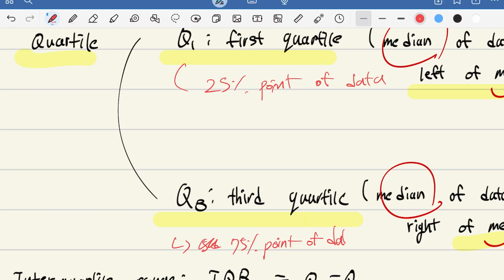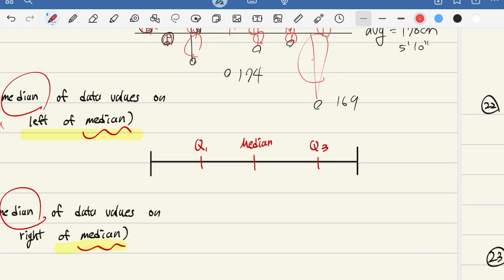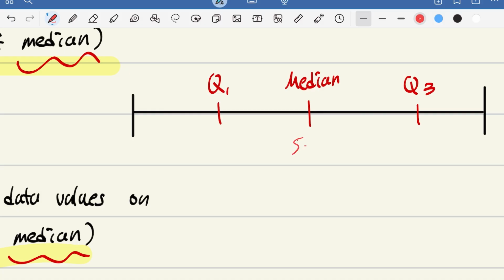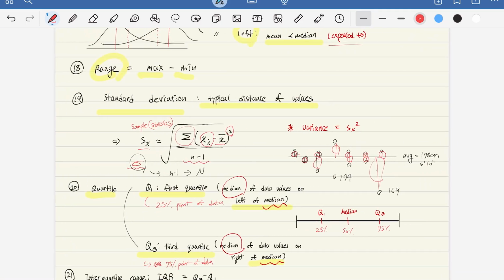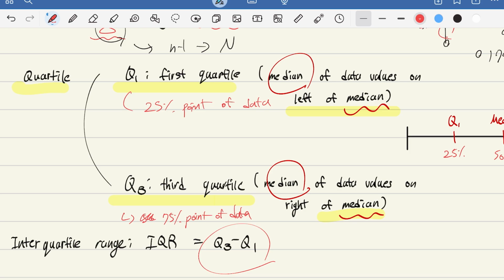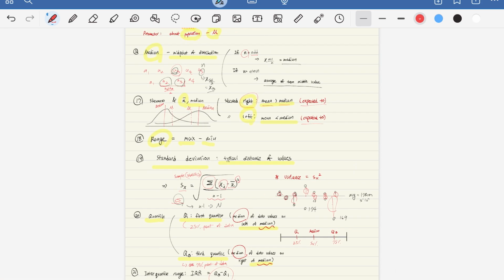So if the median is 50%, these are 25% and 75%. And the interquartile range is simply Q3 minus Q1.